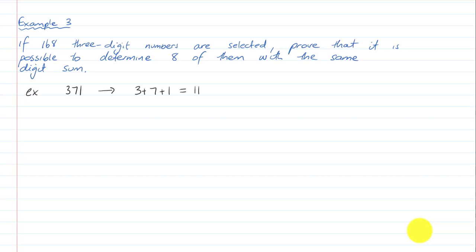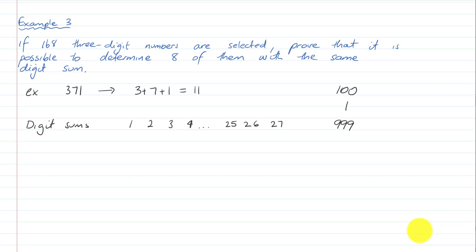So let's consider the digit sums. Now, it's a 3-digit number, and that means that the lowest 3-digit number is 100, and the highest 3-digit number is 999, which means that the possible digit sums are 1, and then 2, 3, 4, and so on and so forth, all the way through to 25, 26, 27, which is at 999.